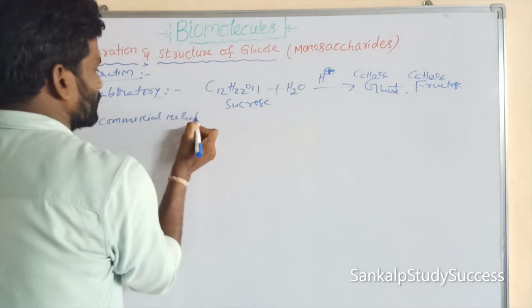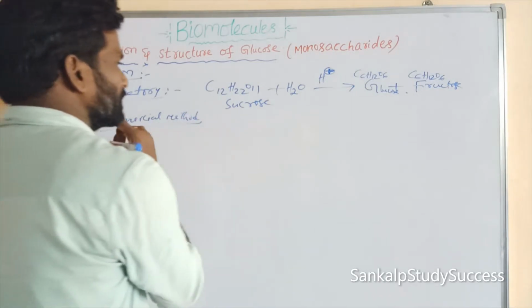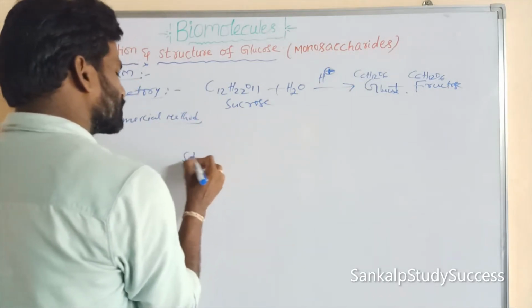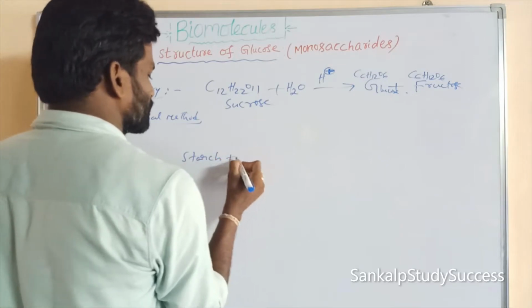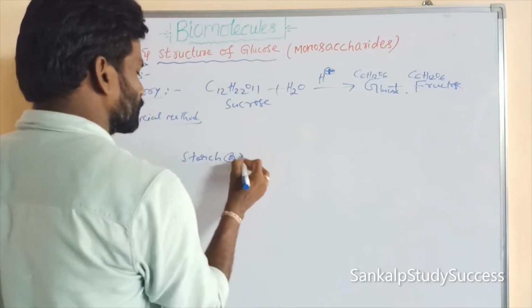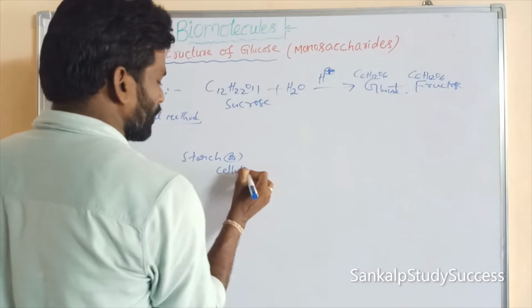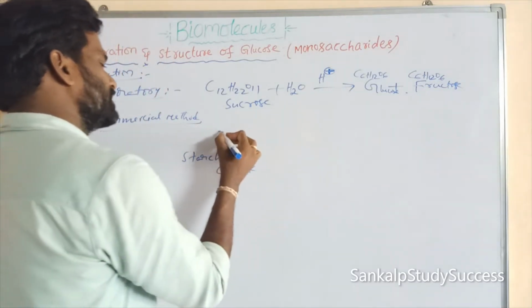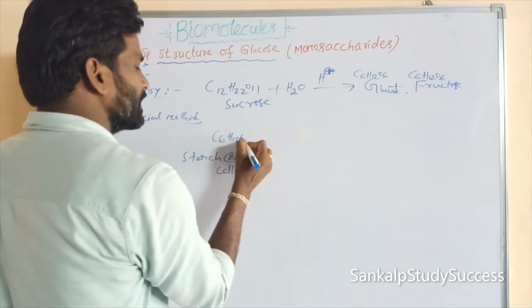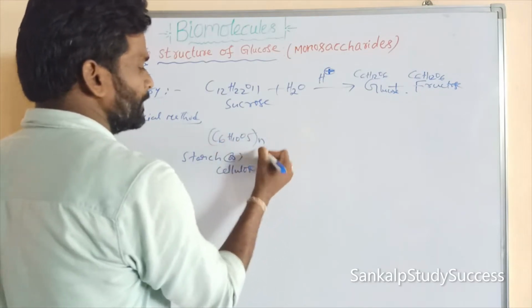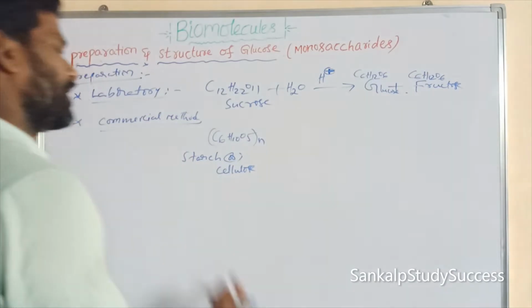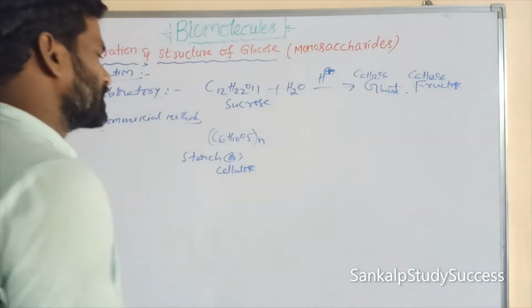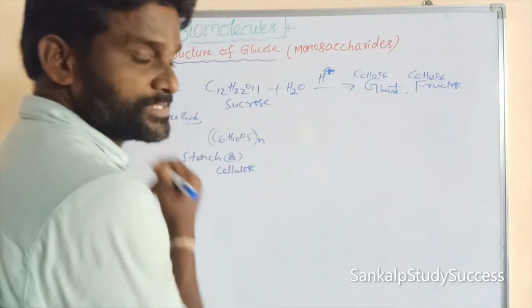Starch or cellulose both have the same molecular formula, (C6H10O5)n.